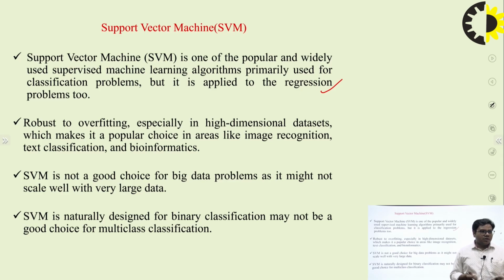SVM is not a good choice for big data problems, as it might not scale well with large data. Yes, this works very well with mid-size or small size data sets. But when the number of data points, or data rows, is very large, then this model could fail.